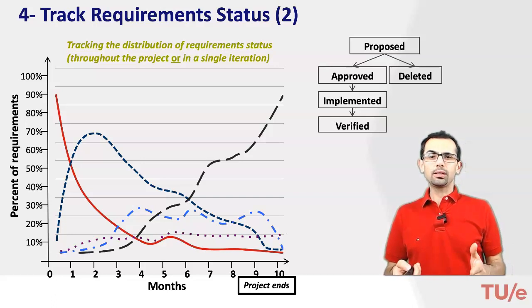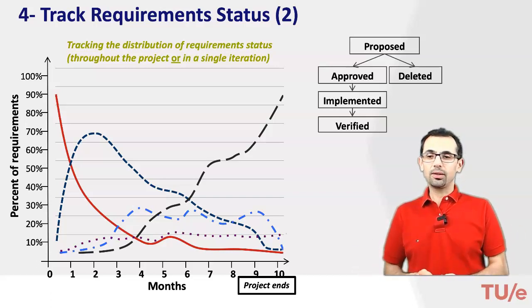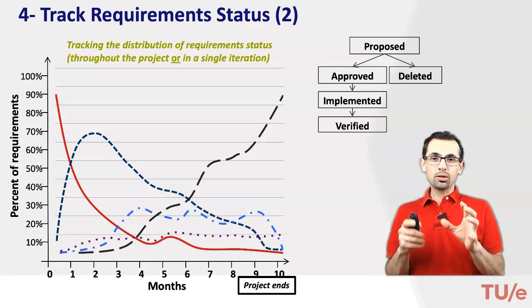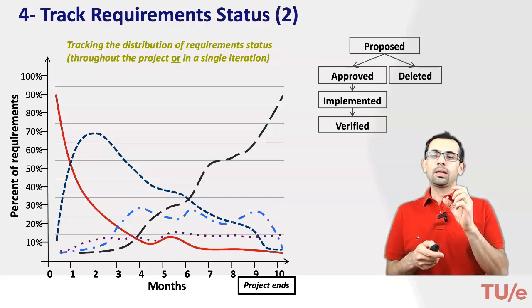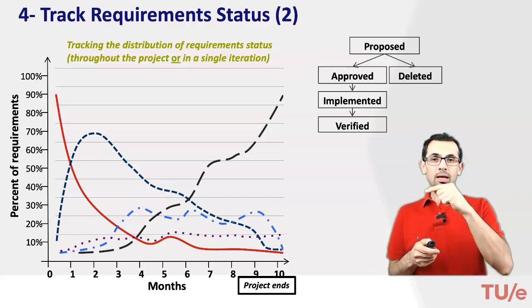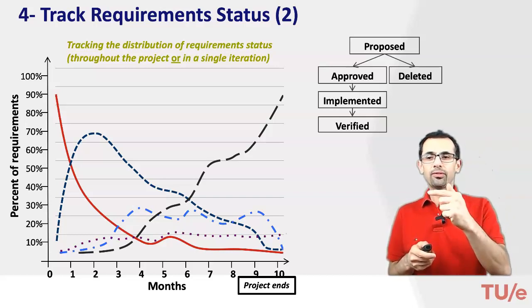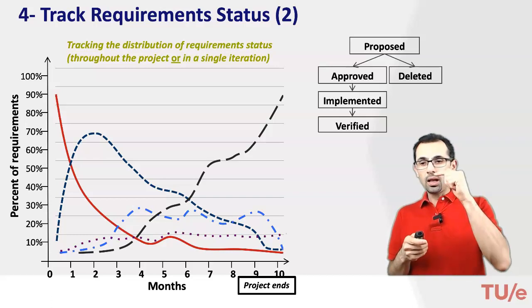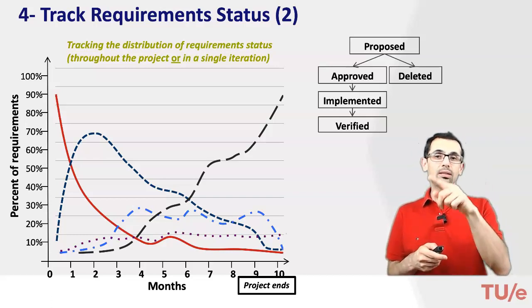The question is something I usually ask when we're in the classroom environment, we discuss this. But what I would ask you to do right now is to pause this video and indicate the type of lines here in the graph, and map the lines to the statuses indicated here.